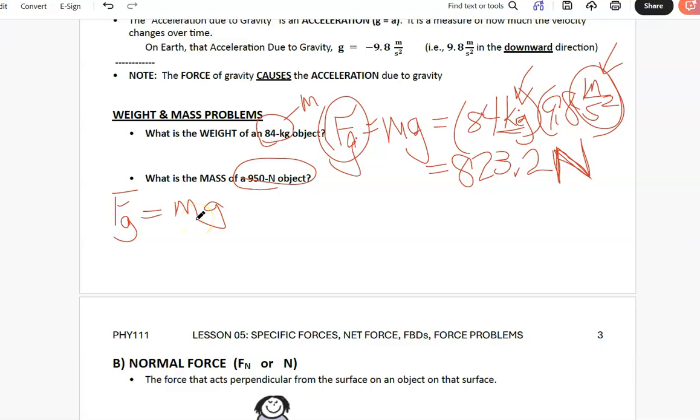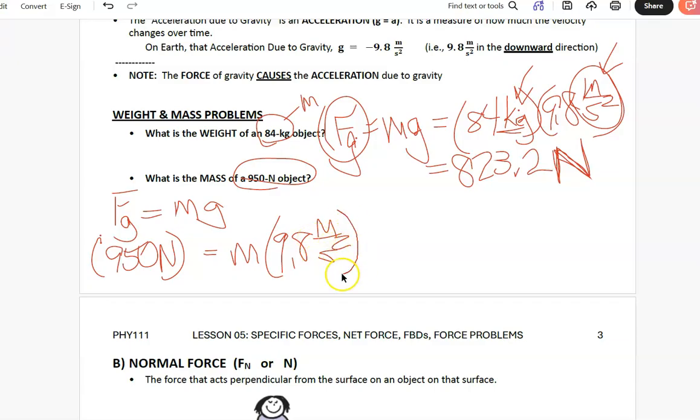Well, we use the same formula. We plug in the numbers that we know. We write 950 newtons for our weight, our F sub g. We don't know our mass, but we do know acceleration due to gravity is 9.8 meters per second squared. So our mass is equal to 950 newtons divided by 9.8 meters per second squared.